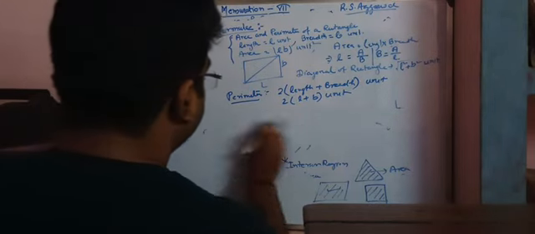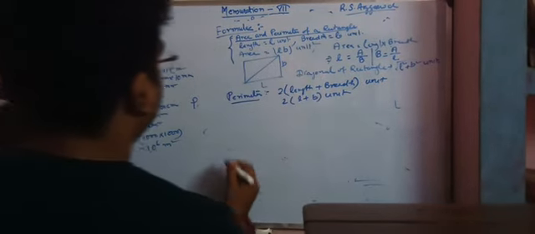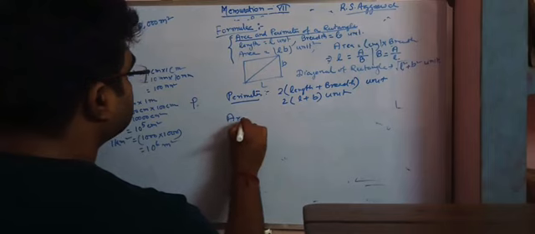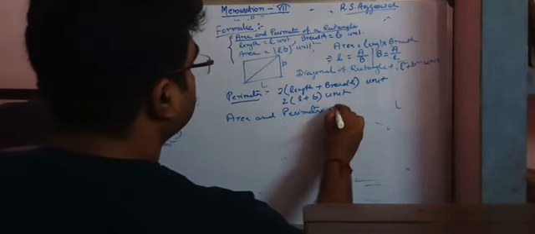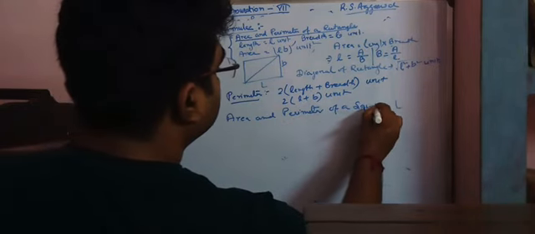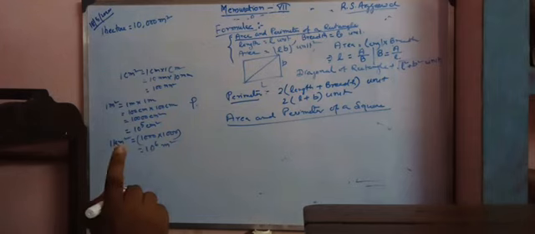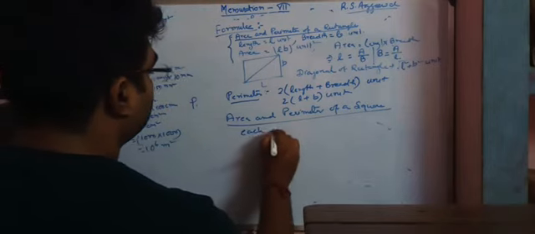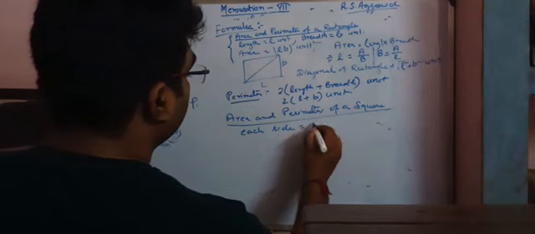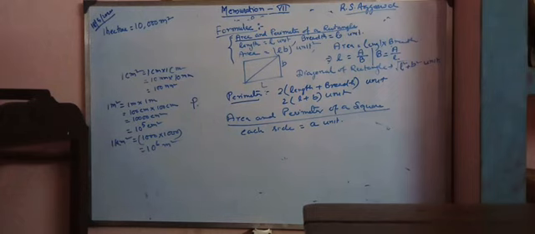Next come to area and perimeter of a square. This was for the rectangle, area and perimeter for rectangle. Next, area and perimeter of a square. For a square, there is no length and breadth, there will be one measurement, that is each side, equal to a unit, which should be in centimeter or meter or kilometer.